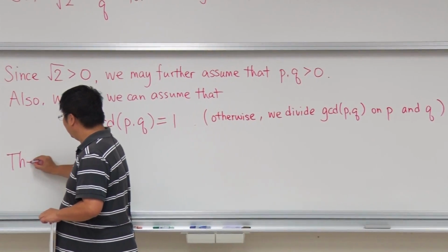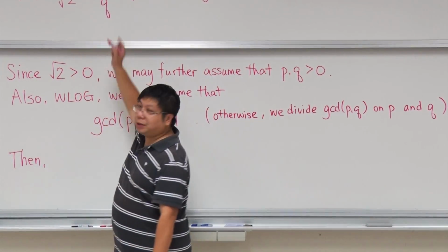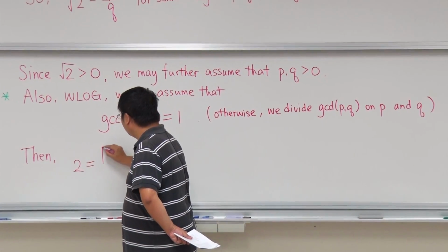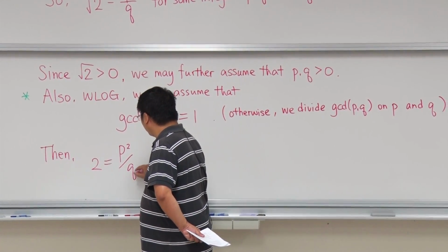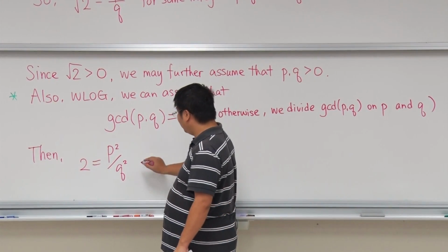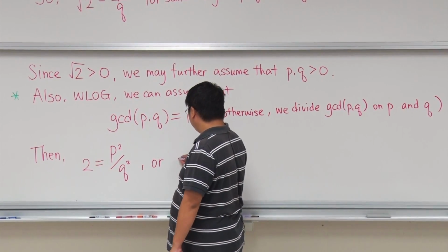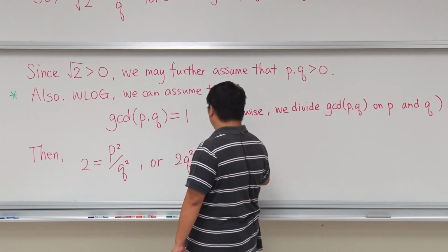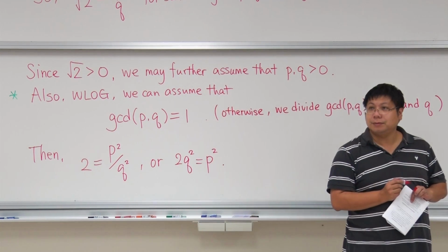So next, what we can do? Then, because square root 2 is equal to p over q, we will have 2 is equal to p squared over q squared, or 2q squared is equal to p squared. Is that okay?